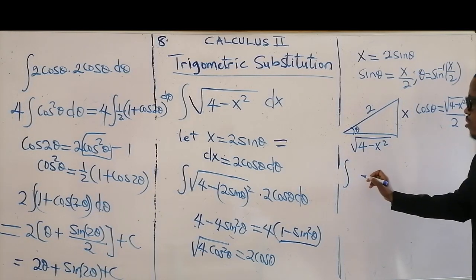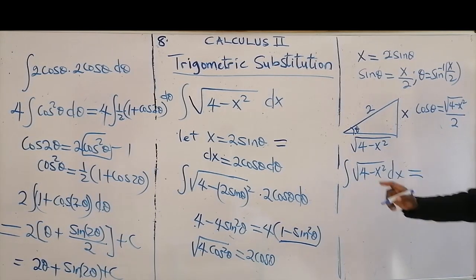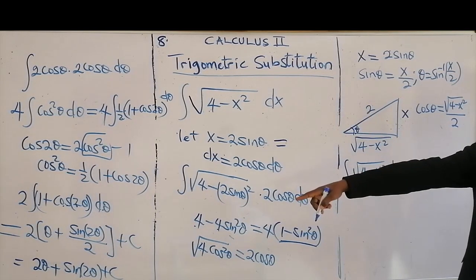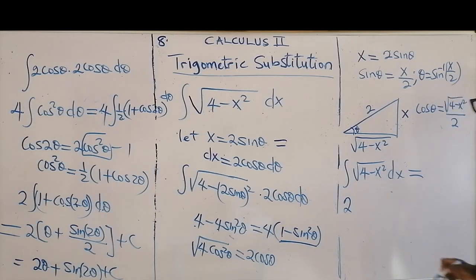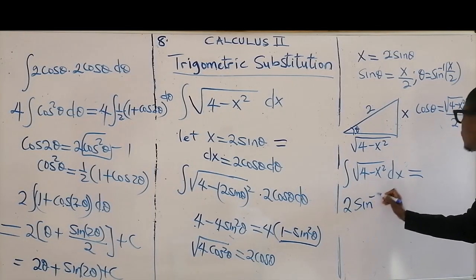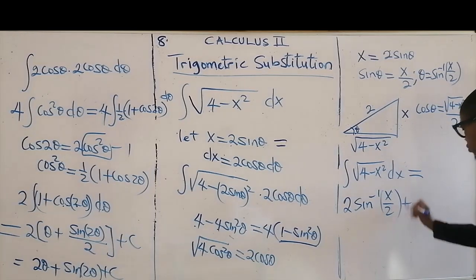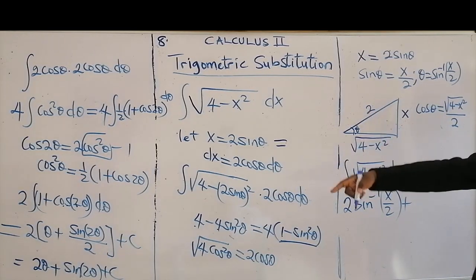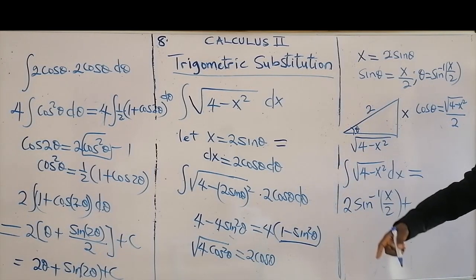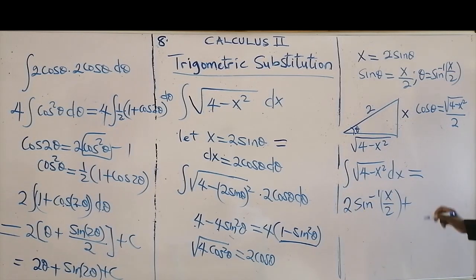Then we can now go back to our answer. The integral of the question will now be equal to, our answer is 2 theta, which is 2 arc sine x over 2, then plus sine 2 theta. Don't forget your identity. Sine 2 theta is 2 sine theta cos theta. So we can put that there, that's 2 sine theta cos theta plus c.